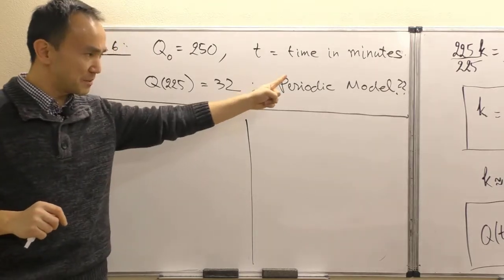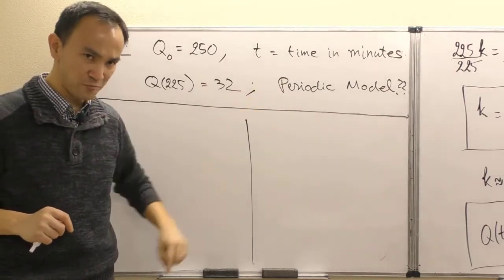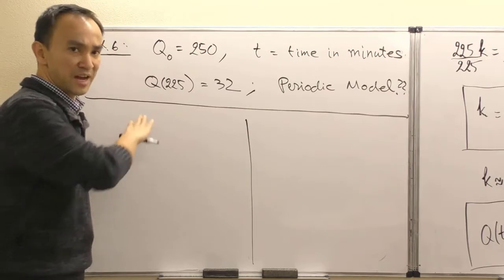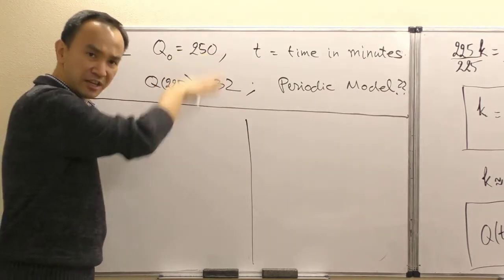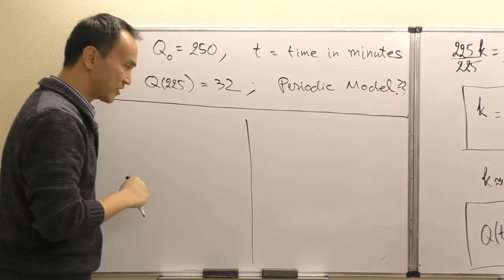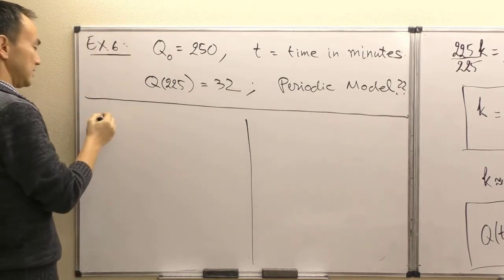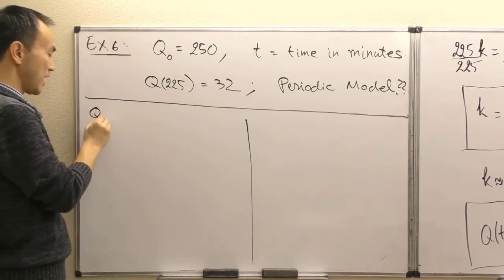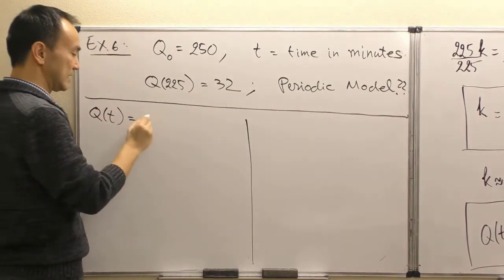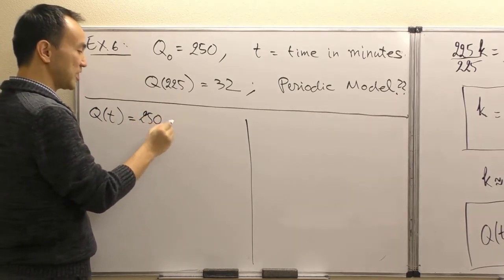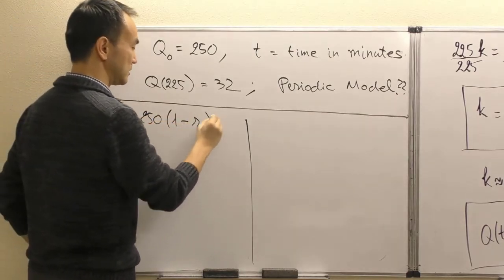So coming with the periodic model, if we are doing that directly from the information given here, here's how we can do it. Recall that the periodic model is Q of t equals the initial amount 250 times 1 minus r to the t.